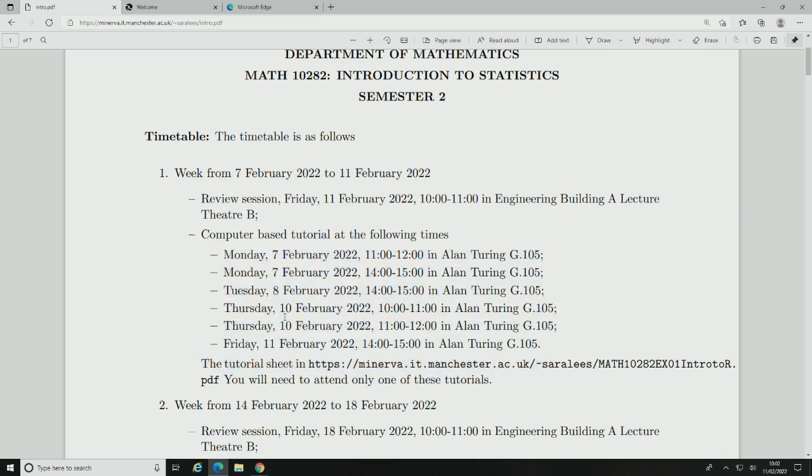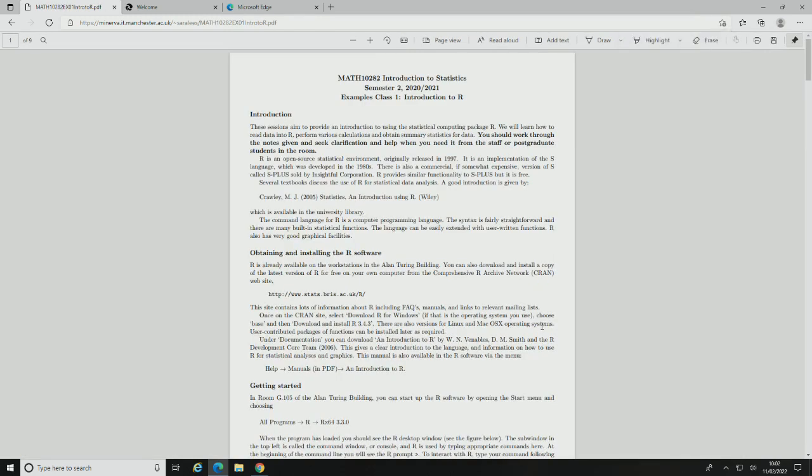It's a computer lab session today from 2 to 3 p.m. in Alan Turing G105. So you must attend one of these computer lab sessions, right? And the lab session is based on this document here.